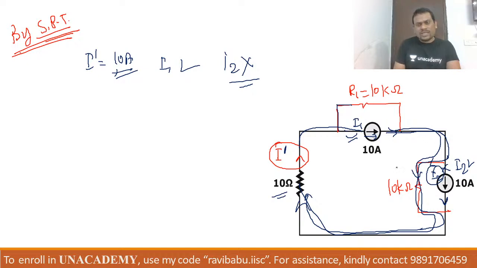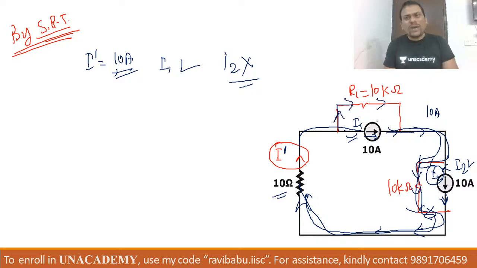Both are connected in series. Okay. So when you consider parallel resistance, and let us assume some 10 ampere current is passing here, and when this 10 ampere current source is deactivated, obviously the path will be this one. Similarly for this, the path will be this one. So why are you worried? This 10 kilo ohm or 100 kilo ohm cannot change the amount of current.